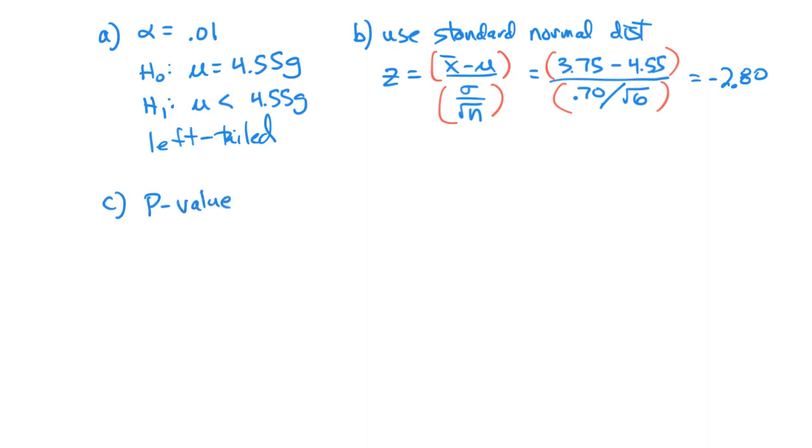So the p-value is equal to the probability that x bar would be less than 3.75. And remember, less than or equal to, it doesn't matter because this is a continuous distribution. And we've already figured out that that was the same as z being less than negative 2.80, right?